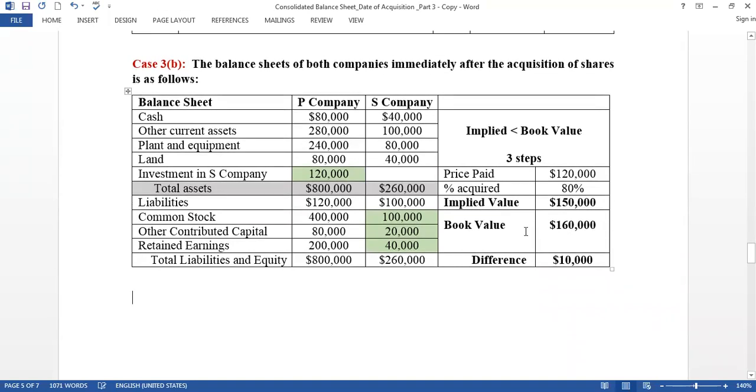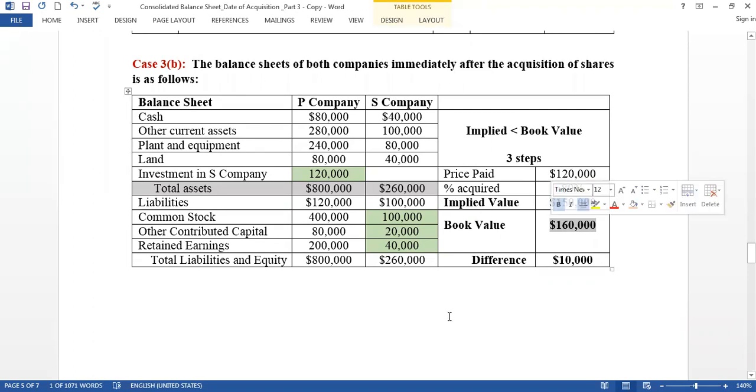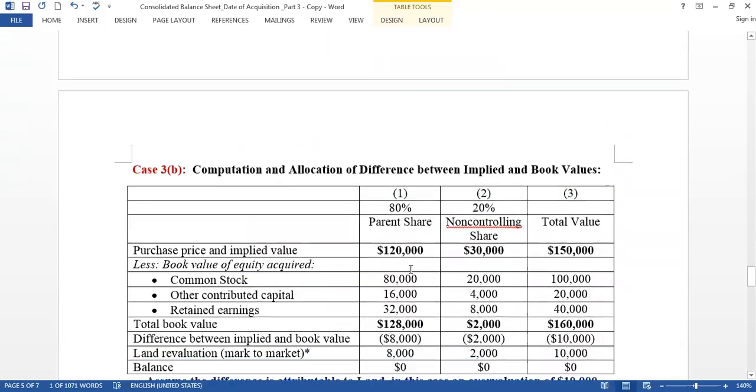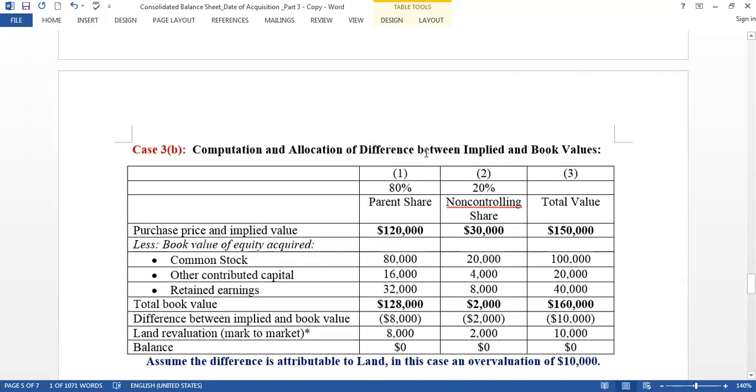Now we have to allocate the implied value to the parent company and non-controlling interest, and the book value to the parent company and non-controlling interest. So look, we are going to prepare the CAD schedule. So this is called the CAD schedule in short.